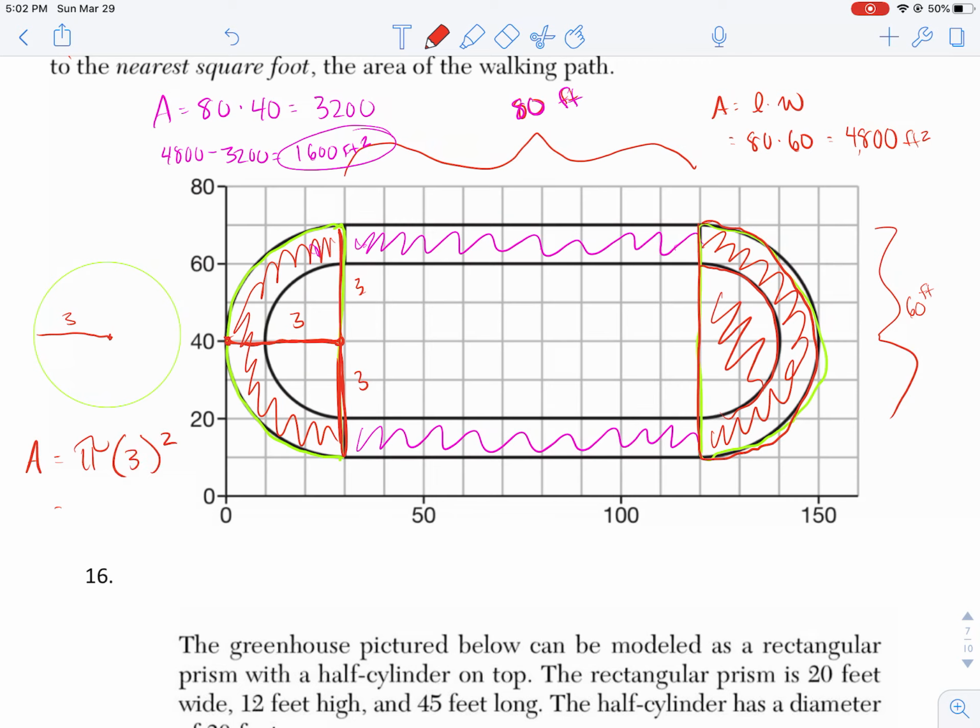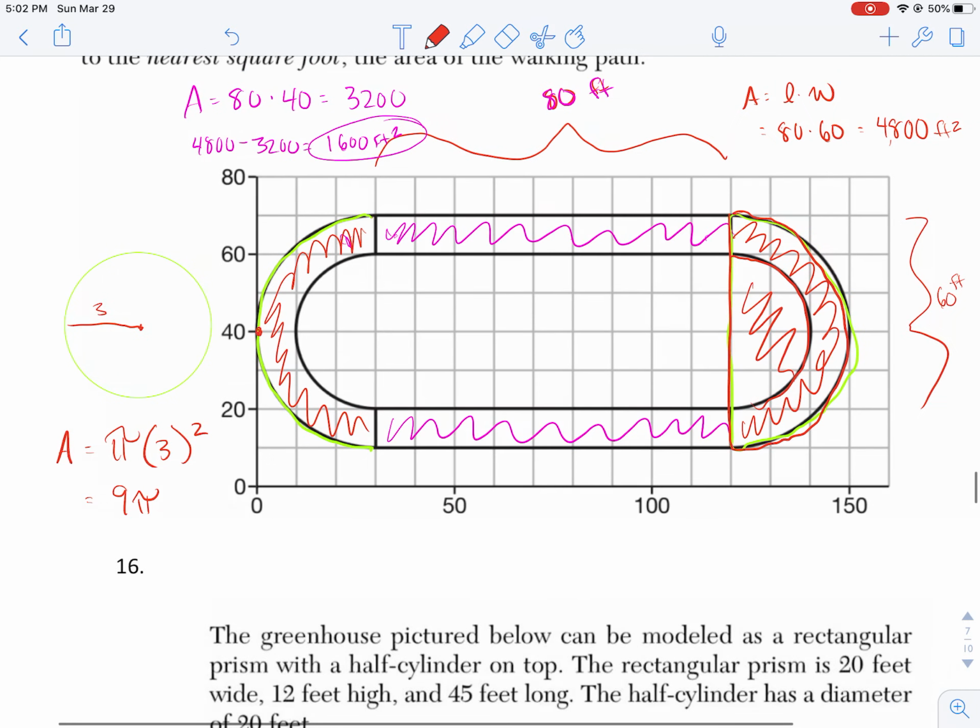Okay, so to find the area of that circle, it's pi times 3 squared, pi r squared, which is just 9 pi. Right? The area of that inner circle, okay, so let's take a look at what that one looks like. Okay, so here's that inner circle.